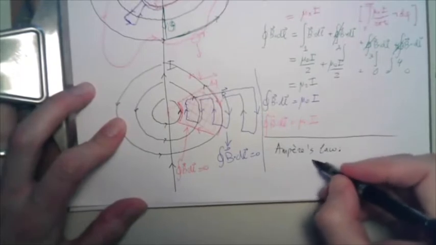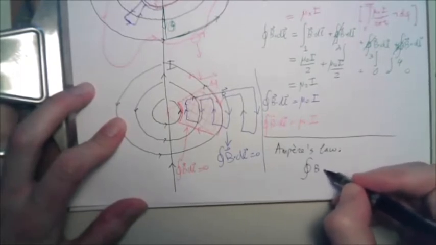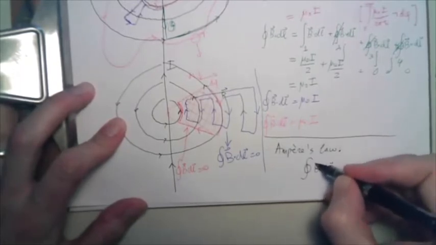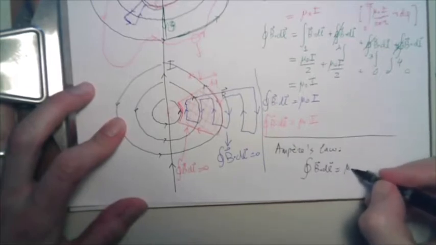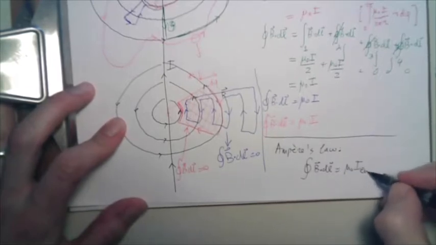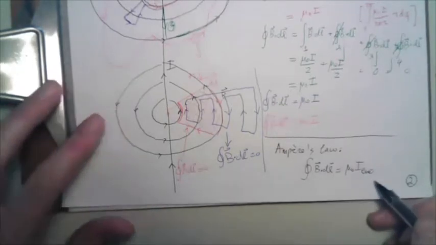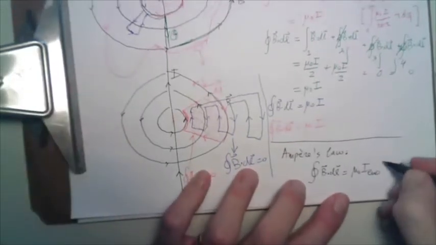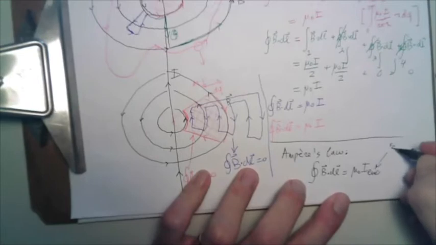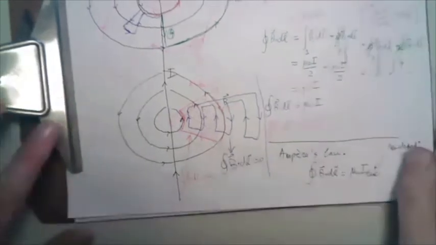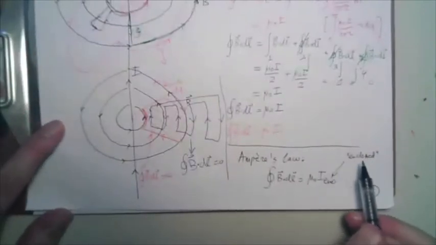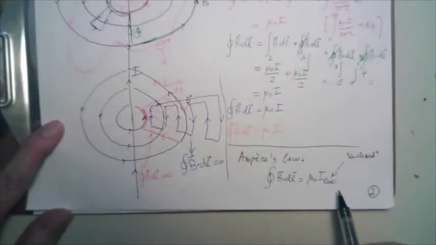Ampere's law says that the line integral of B dl is mu naught I enclosed. That I enclosed plays the same role as the Q enclosed in Gauss's law.